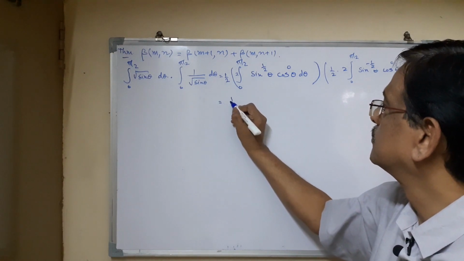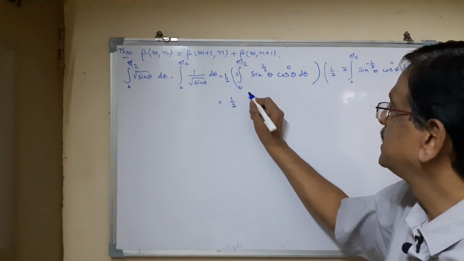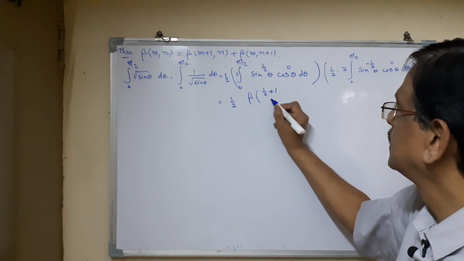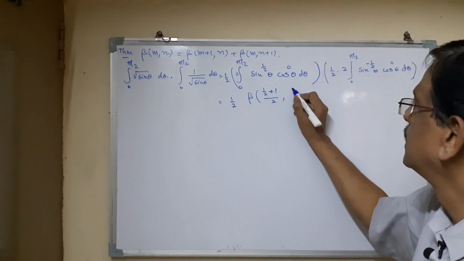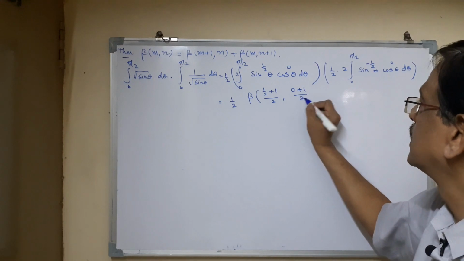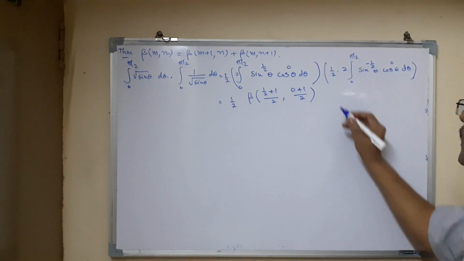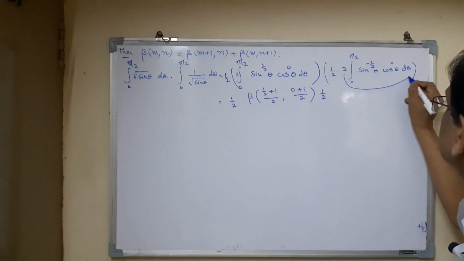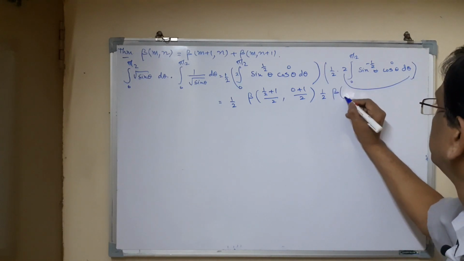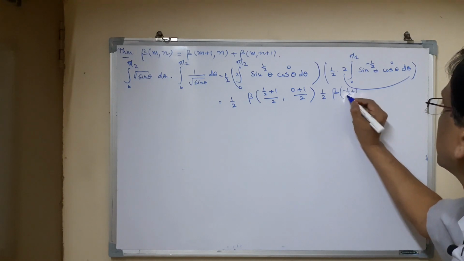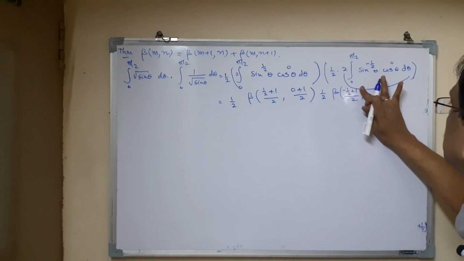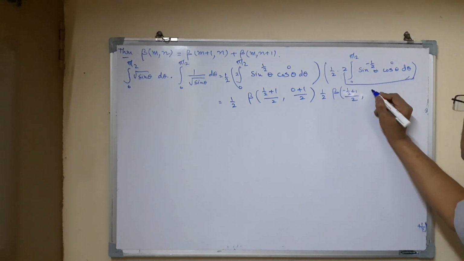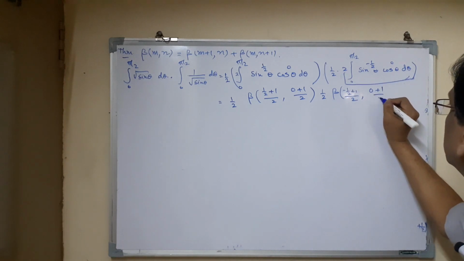This is equal to 1 over 2 beta of half plus 1 by 2 comma 0 plus 1 by 2. Again 1 by 2 into beta of minus half plus 1 by 2 comma 0 plus 1 by 2.